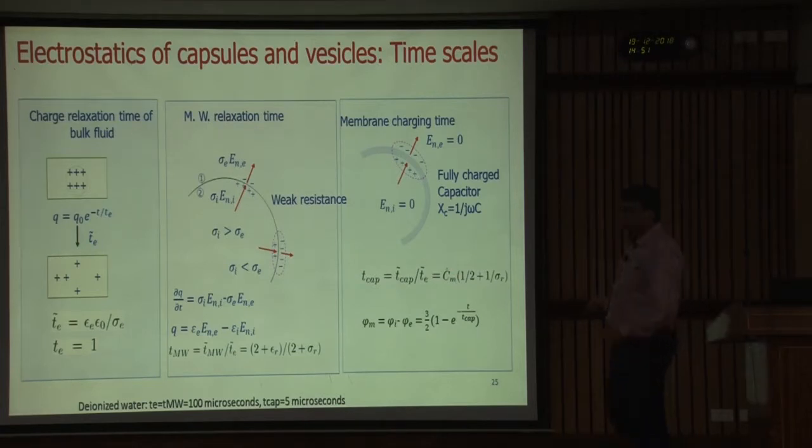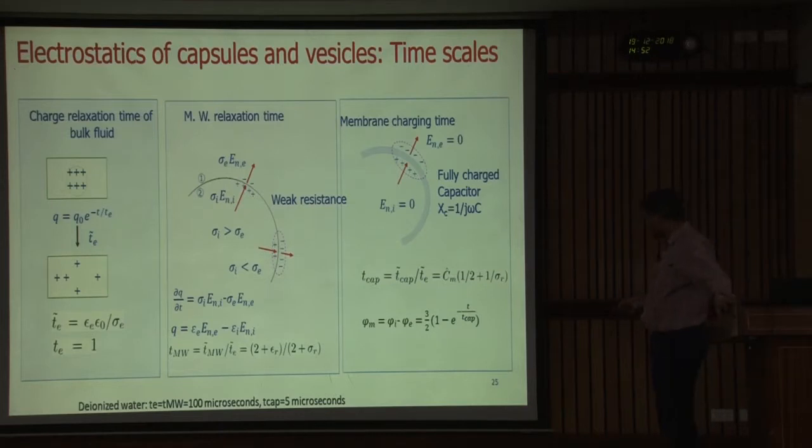Okay. Now, because at least in bilayers you have a 5 nanometer thin insulating layer, the non-dimensional capacitance turns out to be around 50 to 100, which means that the charging time of the capacitor is at least 100 times that of the Maxwell-Wagner relaxation time.